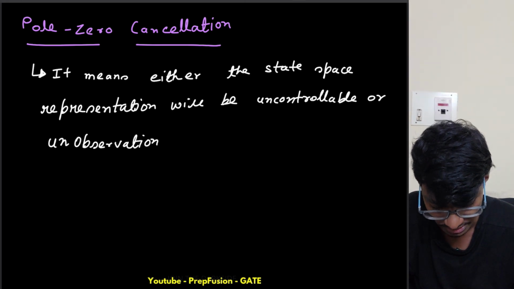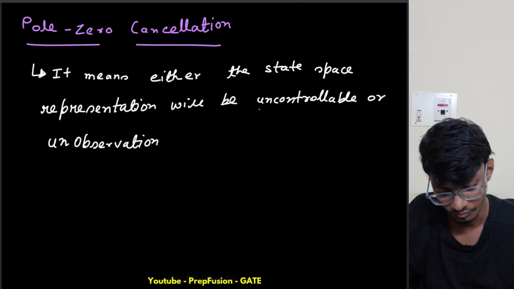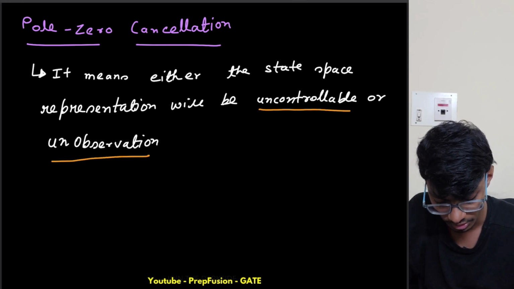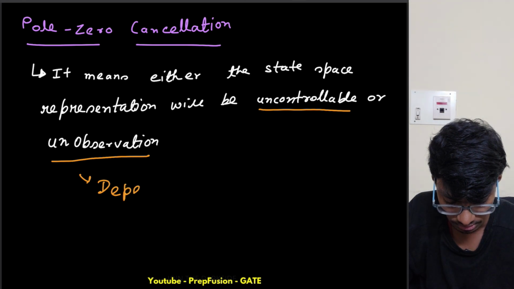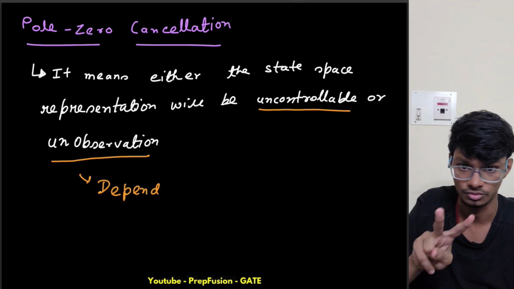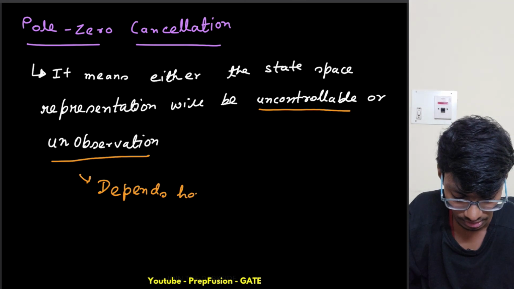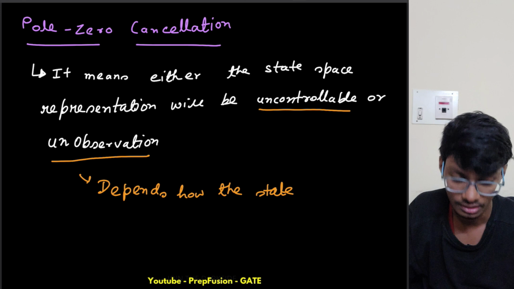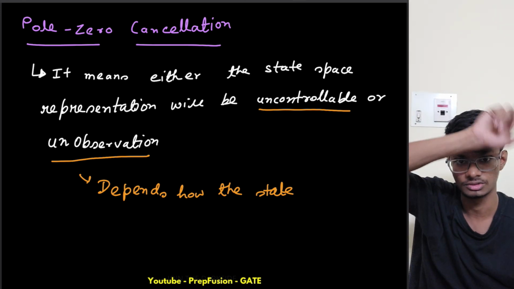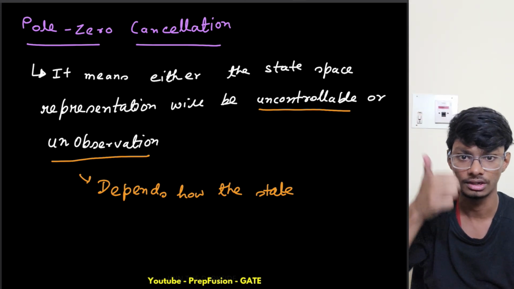But this depends on whether it will be uncontrollable or unobservable. It will be either of those two, okay, but it depends how the state variables are defined. If at the output side this is 0, the link is broken, then it will be unobservable.